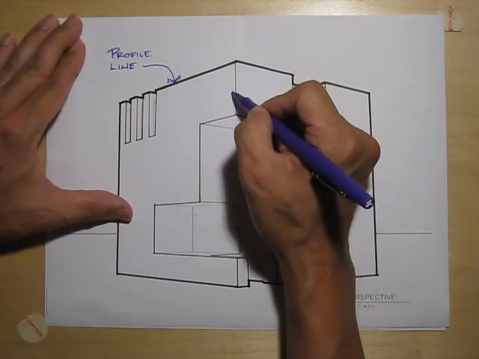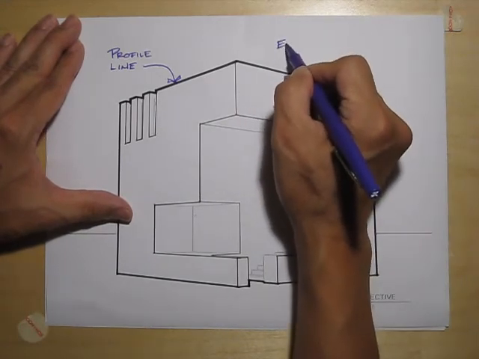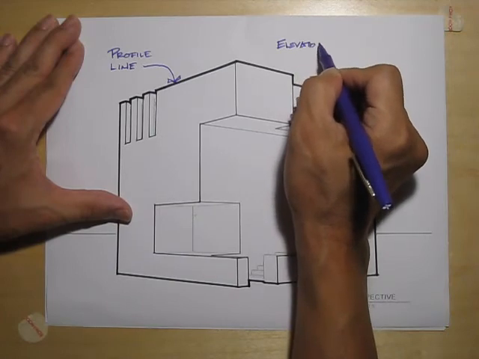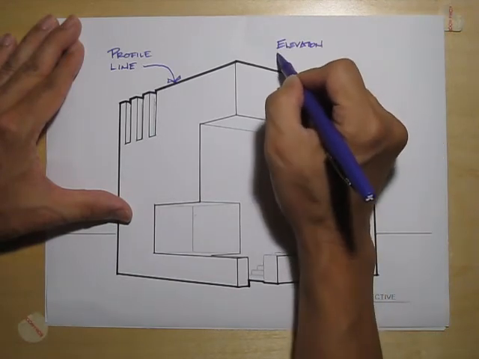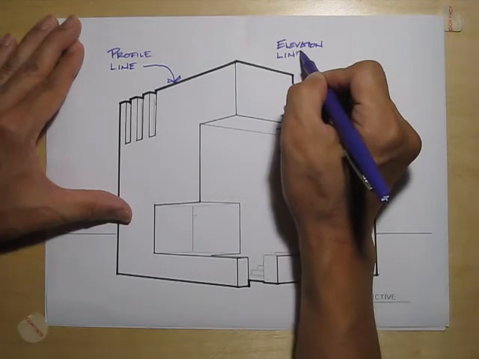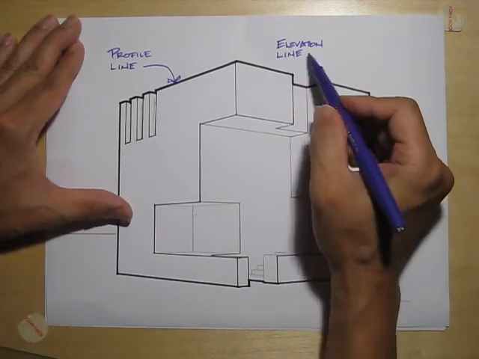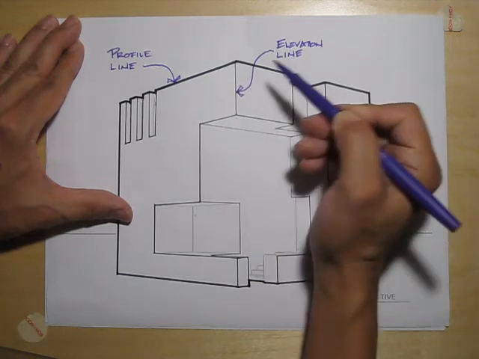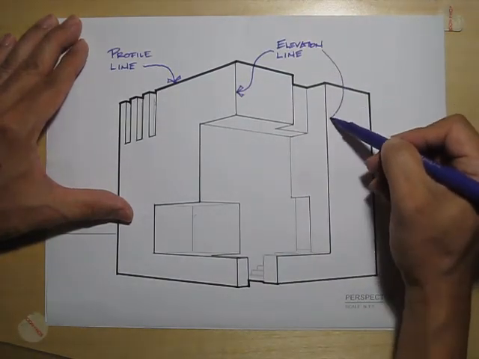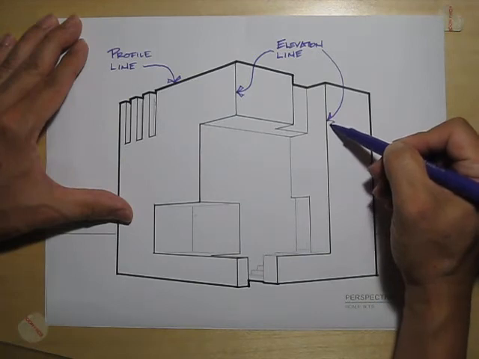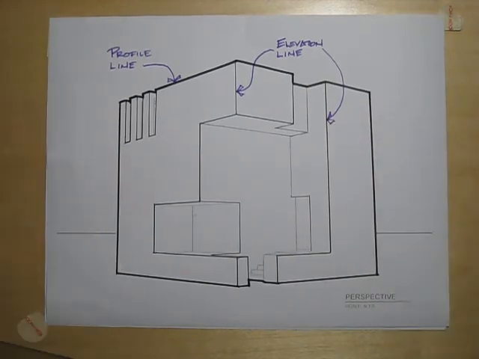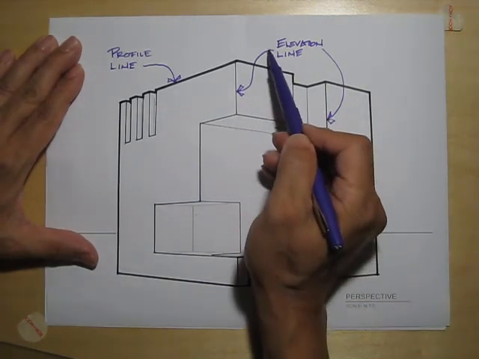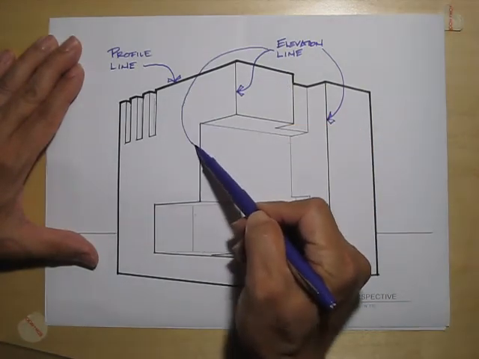So elevation, which would be stuff like this, or this, would be the elevation line. And since we're describing this side too, I might as well put that here as well.